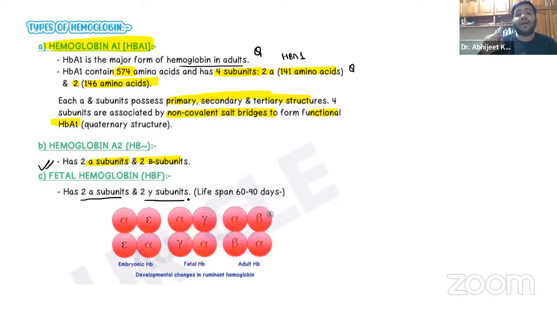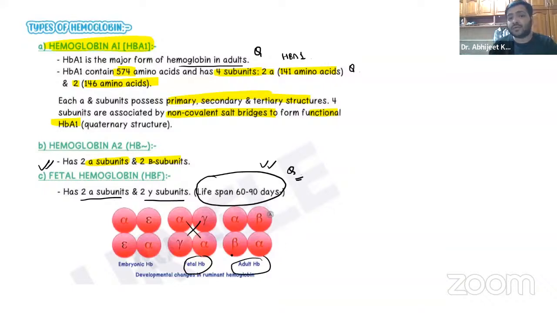And remember, if I compare the adult hemoglobin with the fetal hemoglobin, for the adult hemoglobin, the lifespan is basically 60 to 90 days. That is again very important, right? So you can very well see, guys, in the fetal hemoglobin, we have two gamma subunits and two alpha subunits, and in the adult hemoglobin, we have two alpha subunits and two beta subunits.